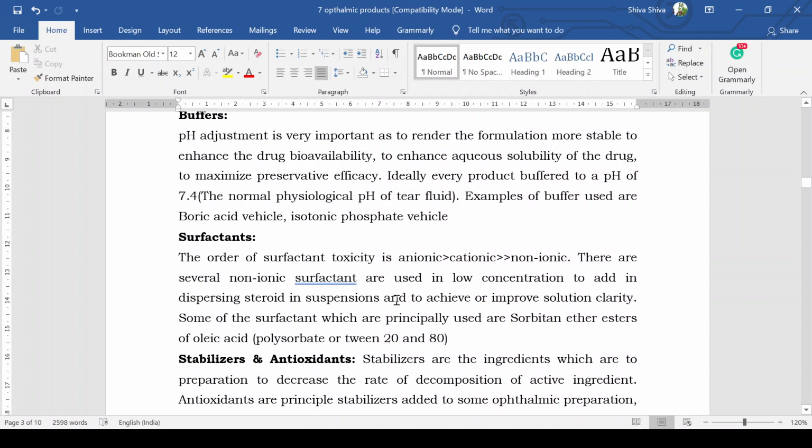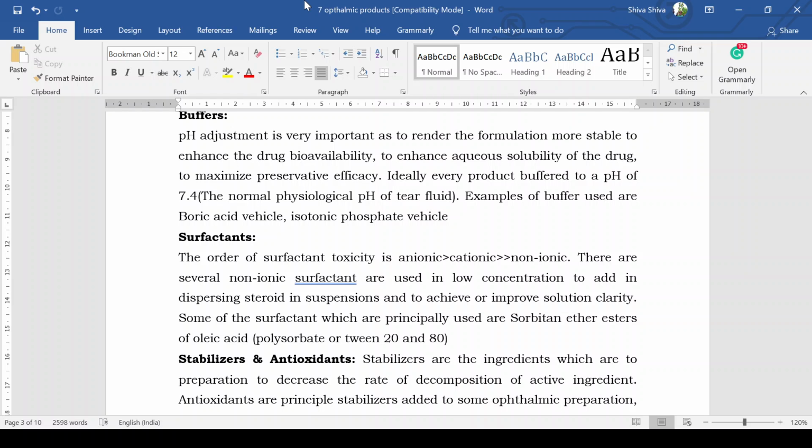Then surfactants. Surfactants are used basically to increase the wetting ability of the solution. The order of surfactant toxicity is anionic is more toxic than cationic, which is more toxic than non-ionic. There are several non-ionic surfactants which are used in low concentration to aid in dispersing steroids in suspensions and to improve solution clarity.